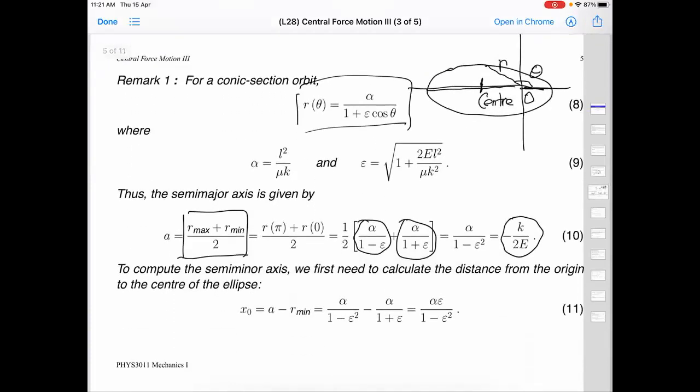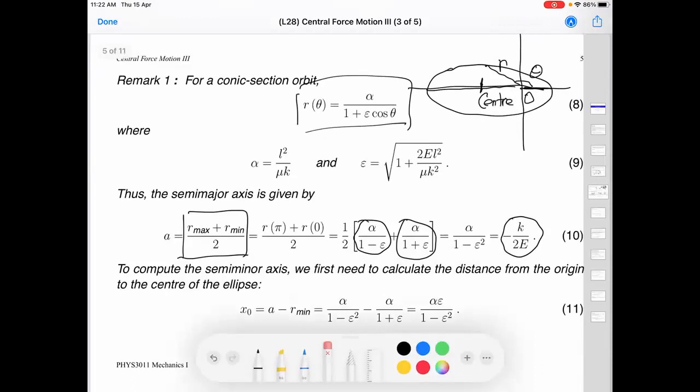Then we want to find the semi-minor axis. How do we find it? First of all, we calculate the distance x naught. That is the semi-minor axis minus the R min. From here to here, that is A. Okay. Let me erase it first.